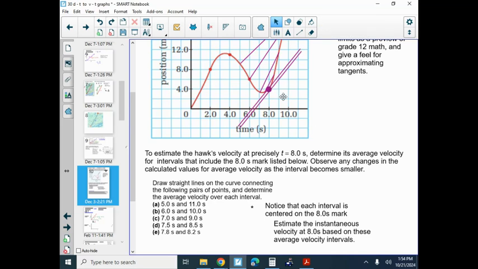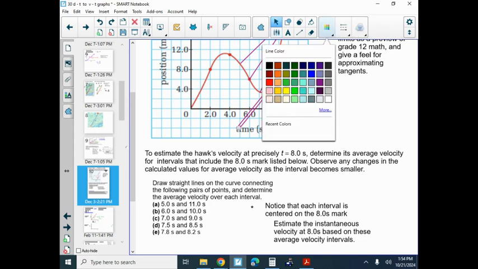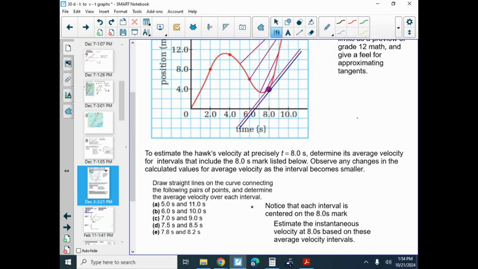So basically this is representing the instantaneous velocity, or that velocity at that instant. Maybe I'll change the color and describe in blue. This one here is your instantaneous velocity at the 8.0 second mark.